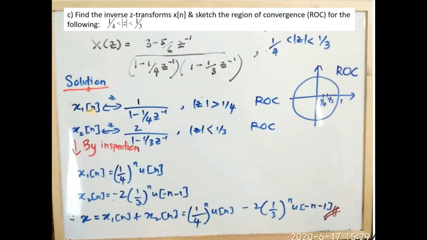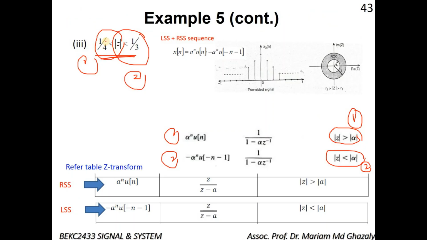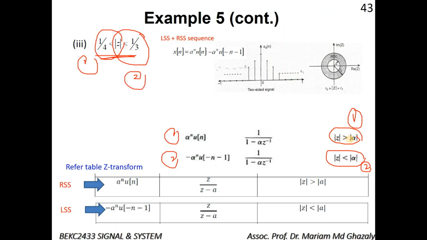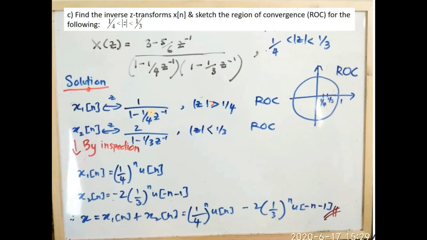So for x1, for more than 1 over 4, you have the region more than alpha. More than alpha means you have the same equation for x1. So xn, you get z is this one. Okay, so you have x1 and x2. By inspection, this is important in this part, you need to look at the region.